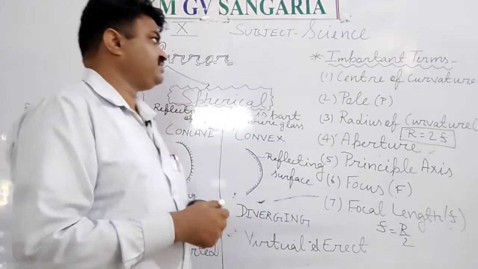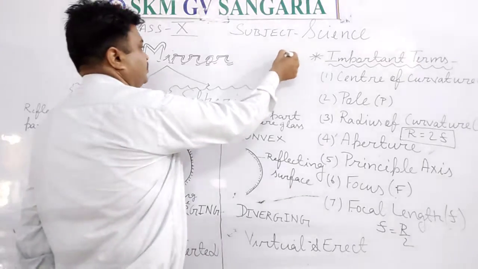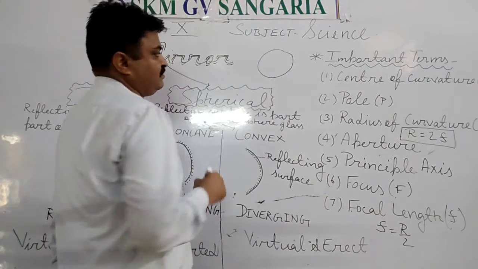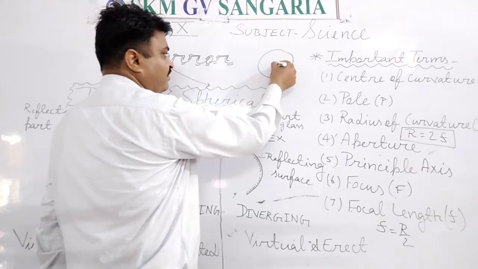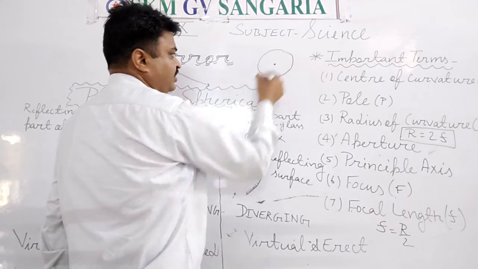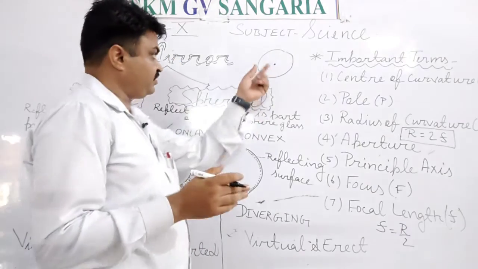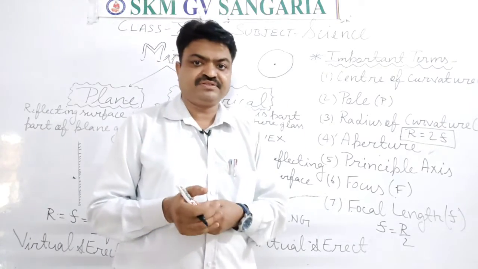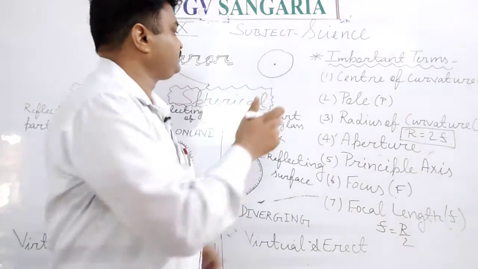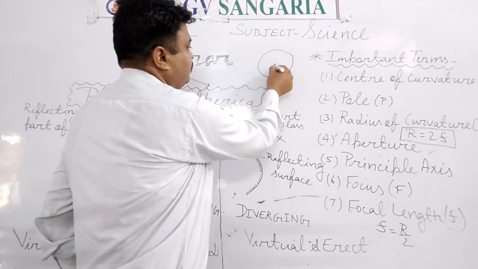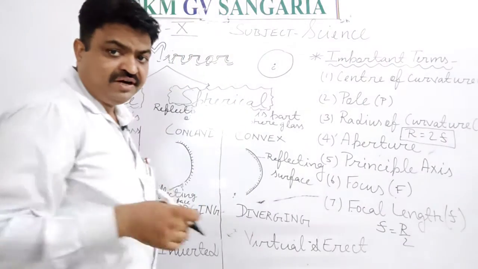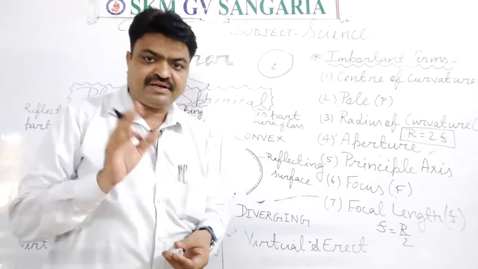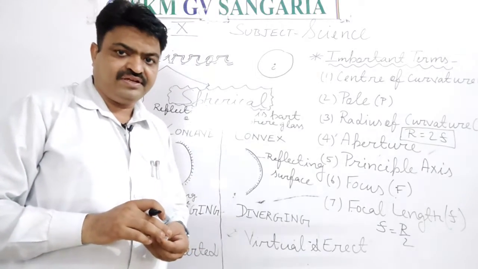Like a ball, which has a hollow sphere shape and one center point in the middle. So what definition will you write for the center of curvature?